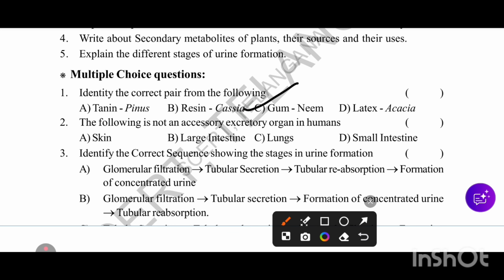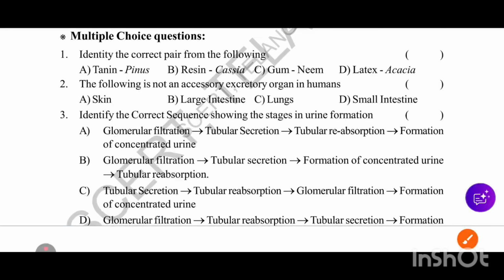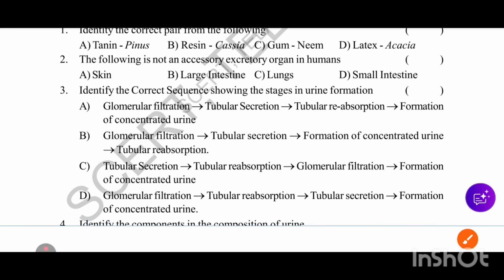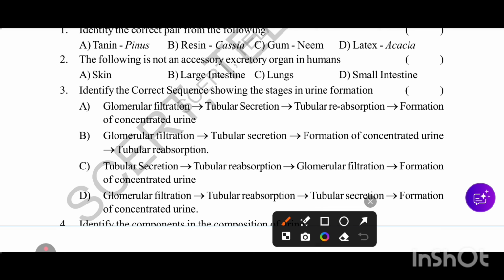Okay, so the next question is multiple choice. The following is not a necessary excretory organ in human beings. Skin is a necessary excretory organ. Large intestine is also a necessary excretory organ. Lungs are also necessary excretory organs. And the one which is not a necessary excretory organ, the right option for this one, is small intestine.